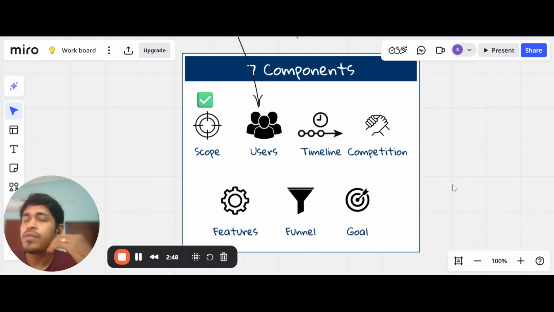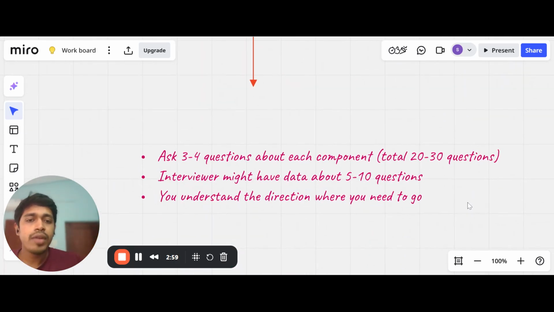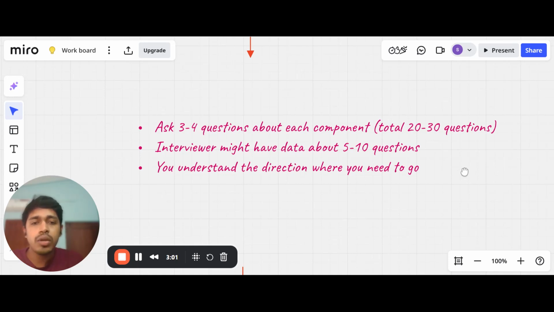What will happen is out of these 35 questions, maybe four or five questions will be very relevant, and you will get data out of the interviewer. Once you have that kind of data, you can go into the solution. So this is the whole idea. I'll repeat: ask three to four questions about each component, and then it will be a total of 20 or 30 questions, right? Now, once that is done, the interviewer might have data for 5 or 10 questions.